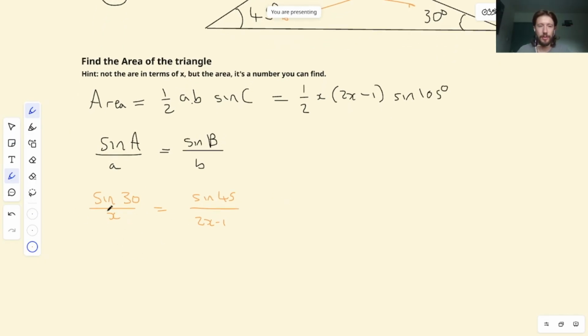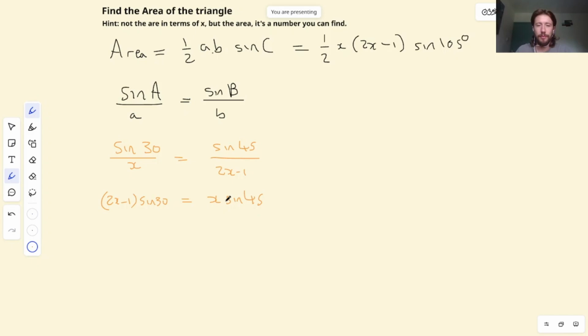Okay, so the first thing that we do is we multiply the x to that side, and we multiply the 2x minus 1 to that side. And doing so, we'll get 2x minus 1 sine 30 is equal to x sine 45. If you've remembered your exact angles, you'll know that sine 30 is a half, and sine 45 will be root 2 over 2.